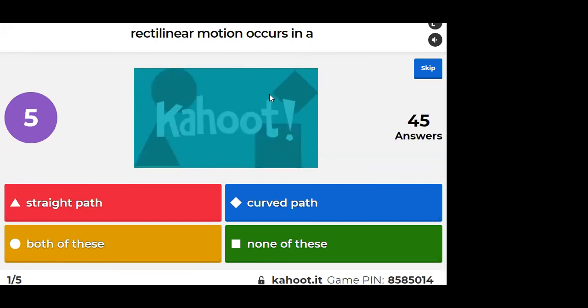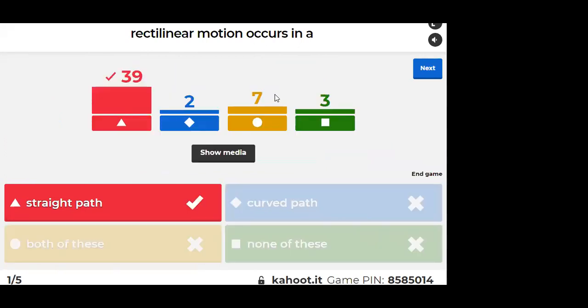We have already played this. Anyways, let us see how many of you remember everything. See, still 12 students made a mistake. It is a straight path. We have studied that rectilinear motion is straight path.